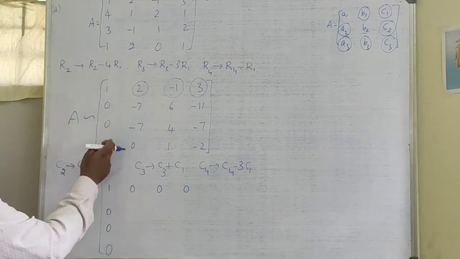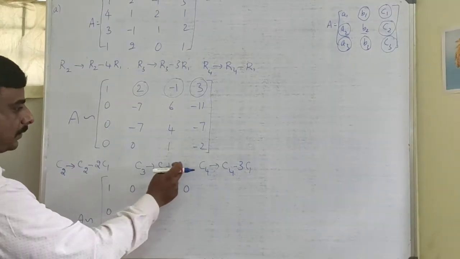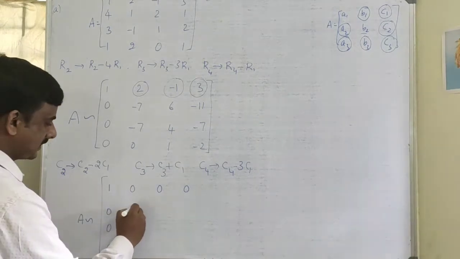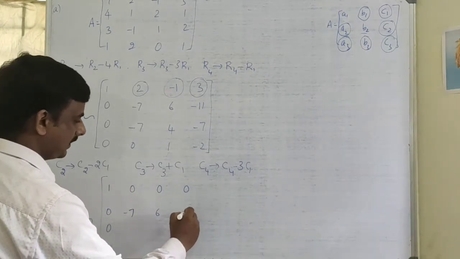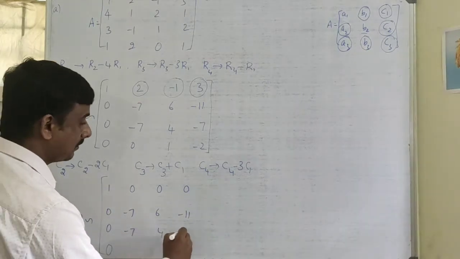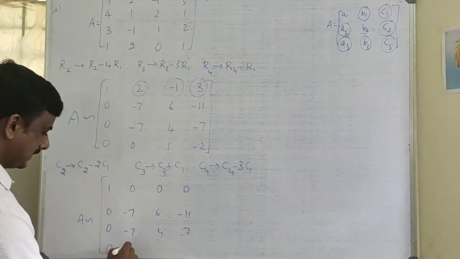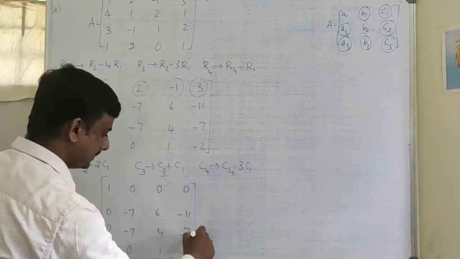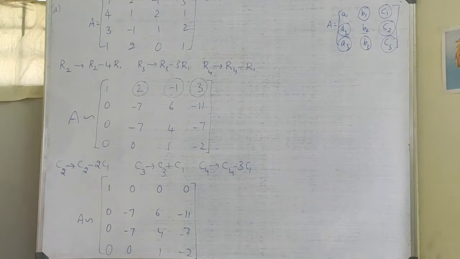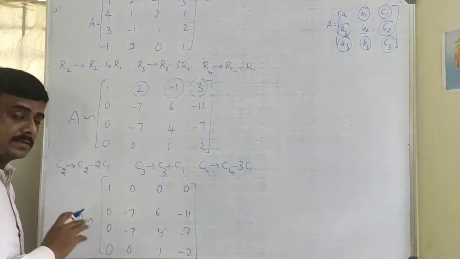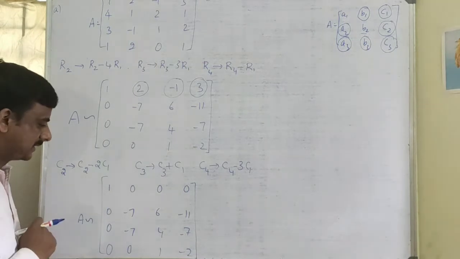Since I have 0, 0, 0 here, this has no effect on other entries, so we get the same thing: minus 7, 6, minus 11, minus 7, 4, minus 7, 0, 1, minus 2. Now I got 1 here and all the entries in that row and column are 0.